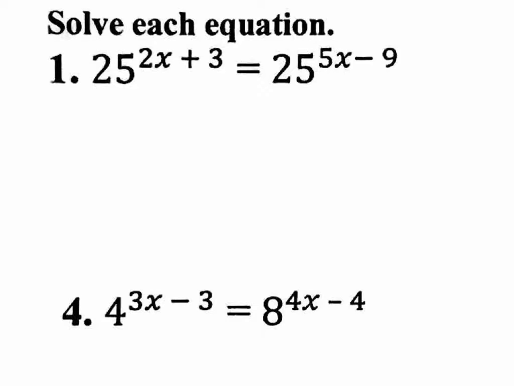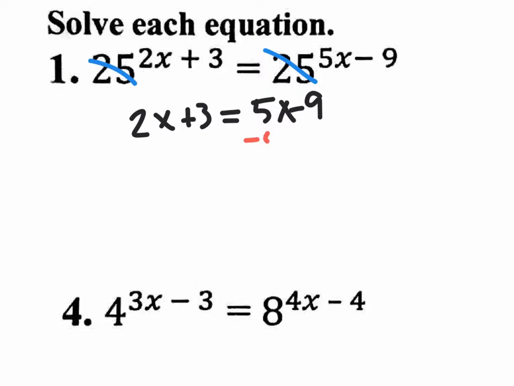All we do is just cancel out the bases, and we have a new simple equation, 2x plus 3 equals 5x minus 9. There is no more exponents. It's a nice simple equation that we could all solve. If we solve this equation by subtracting 5x, you're going to have a negative 3x.